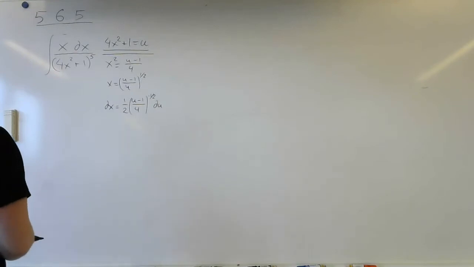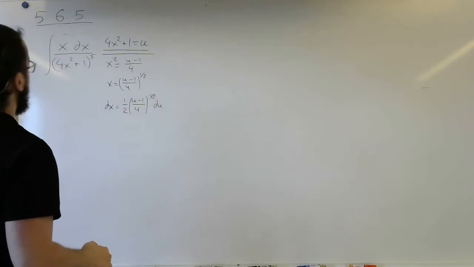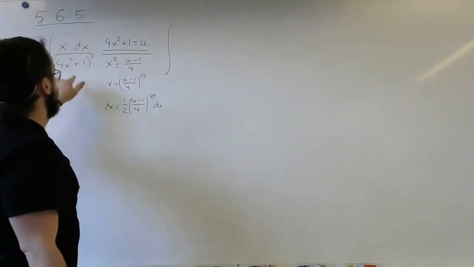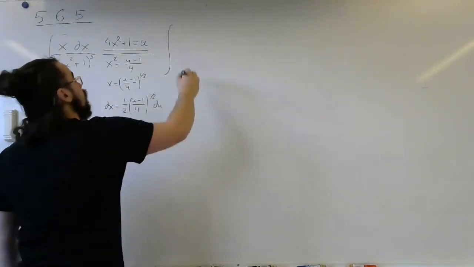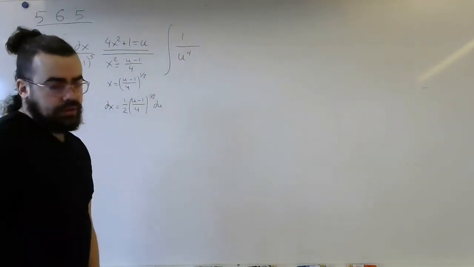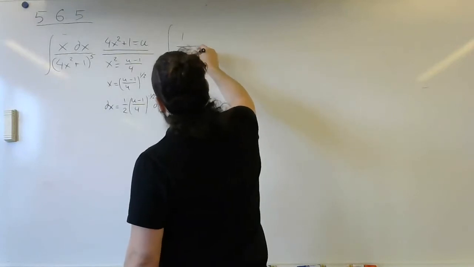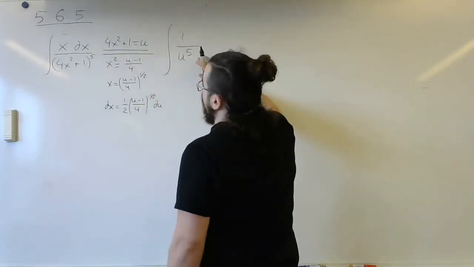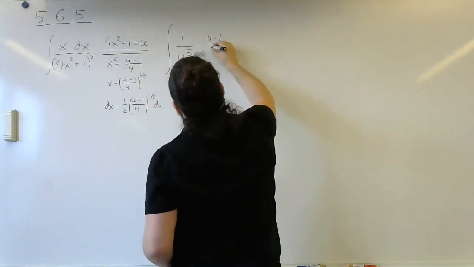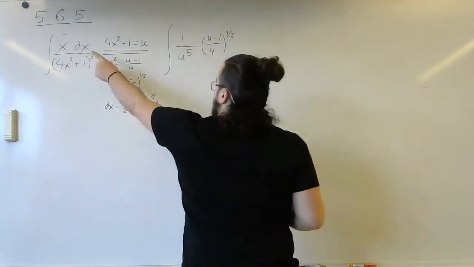Something like this. And let's see what happens. So we do our substitution. First of all, u fifth, this is power fifth. Second of all, x. X is this thing right here. Third of all, differential of x.